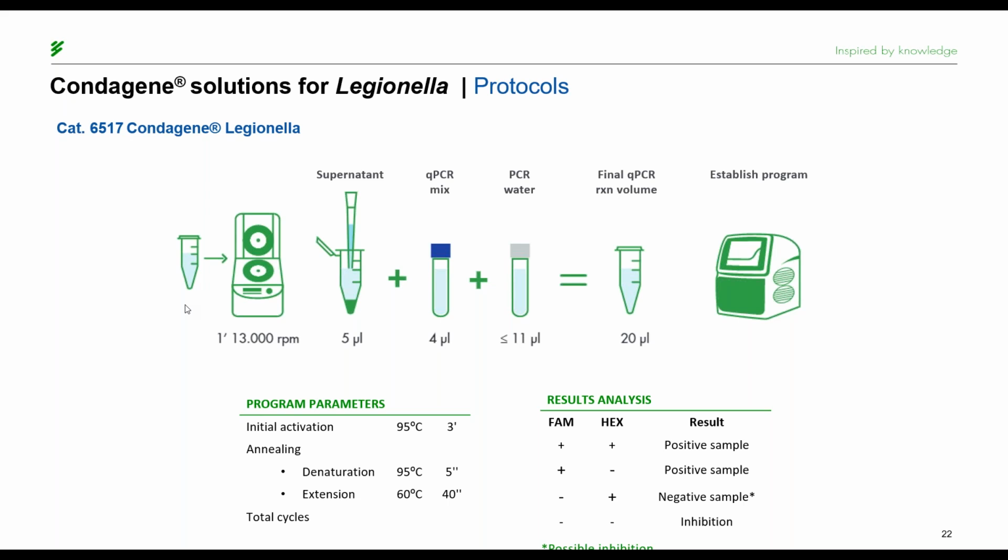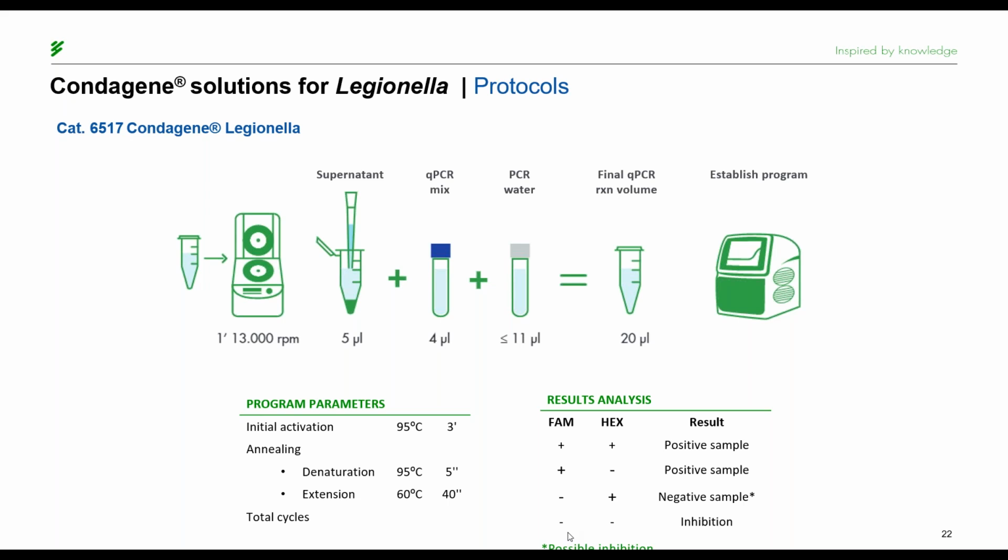This is our sample, from which we take 5 microliters and add to a PCR tube or a well. To this PCR tube, we also add 4 microliters of our blue cap tube with the qPCR mixture that we have already ready, and also 11 microliters of the PCR grade water. So in our PCR tube, we should have 20 microliters in total, and that would be our sample tube.